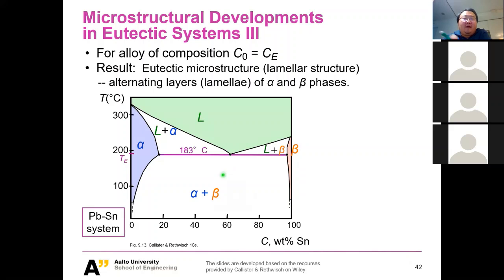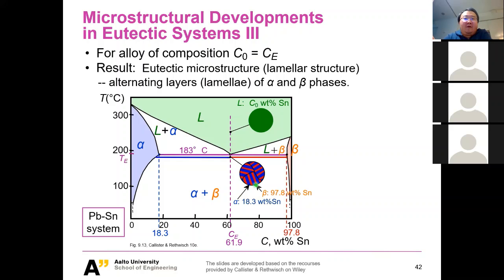So right there, what will happen? I'm directly showing you the results. We start from the uniform liquid, and when you enter here, very quickly it will form a laminar structure of alpha and beta. This is a very unique feature of the eutectic point. You always have a layer of alpha and beta, and alpha and beta.